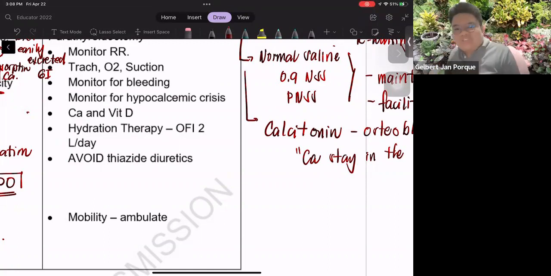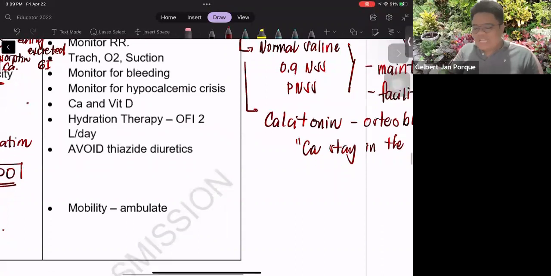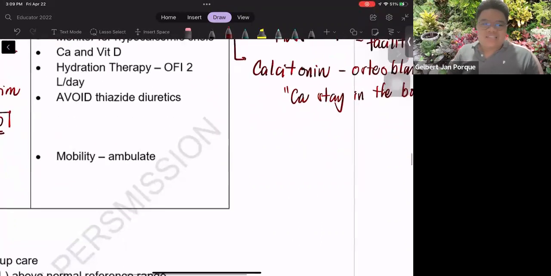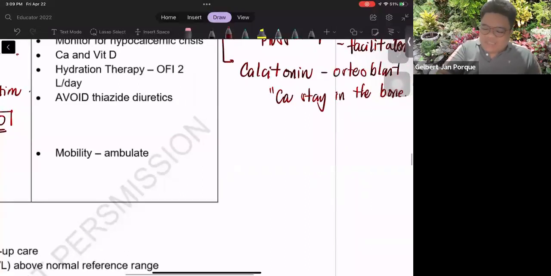And then after that, guys, you need to give hydration therapy to your patients class, about 2 liters per day. Wala naton guys gina-encourage ang thiazide diuretics. Okay? Class, for the management of your patients with hyperparathyroidism, we do not class encourage thiazide diuretics.